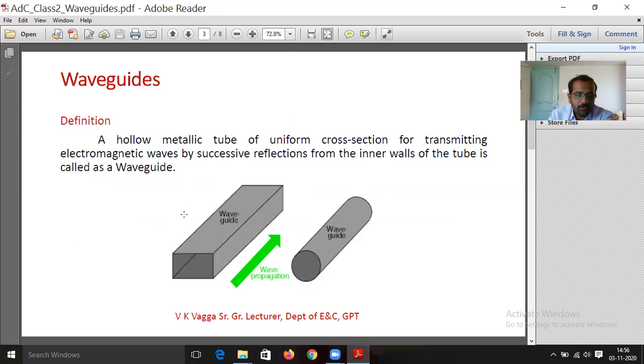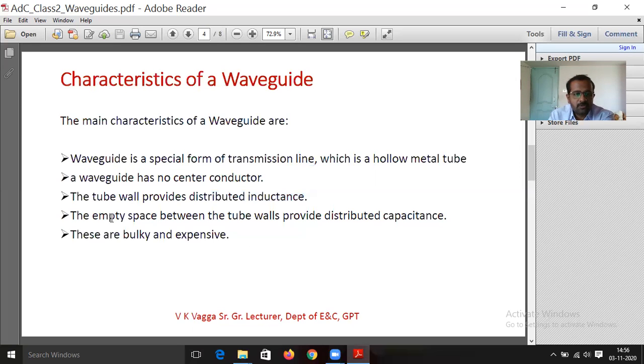If you take the upper wall and the lower wall, the space between them acts as the dielectric, and it is also acting as the capacitor. So the empty space between the two walls is going to provide the distributed capacitance along the entire length of the tube. And it is going to be bulky and expensive.